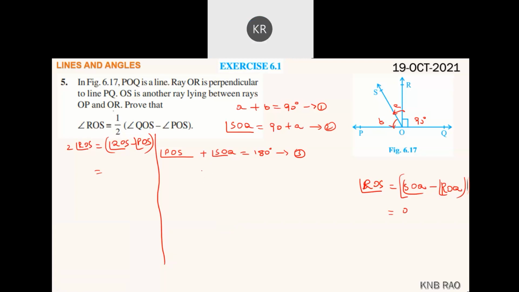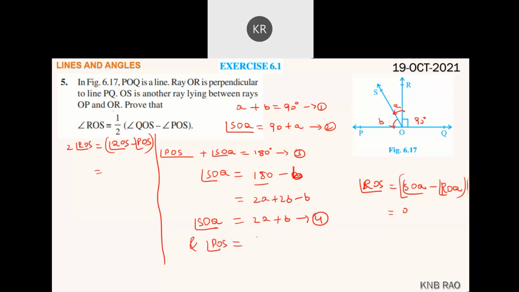Correct. Sir, and angle POS is equal to B. SOQ to be proved as 180 minus A, because POS is B. That means 180 is 2A plus 2B minus B. It becomes 2A plus B. Sir, and POS will be B, sir. Angle POS is equal to B.